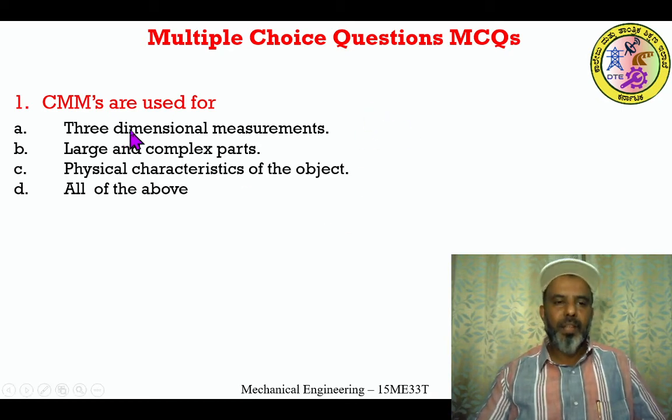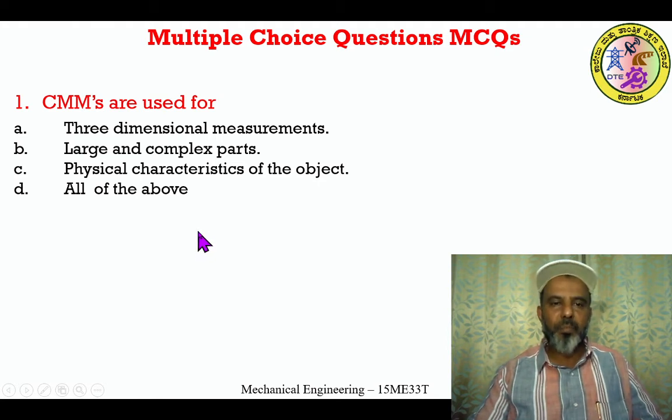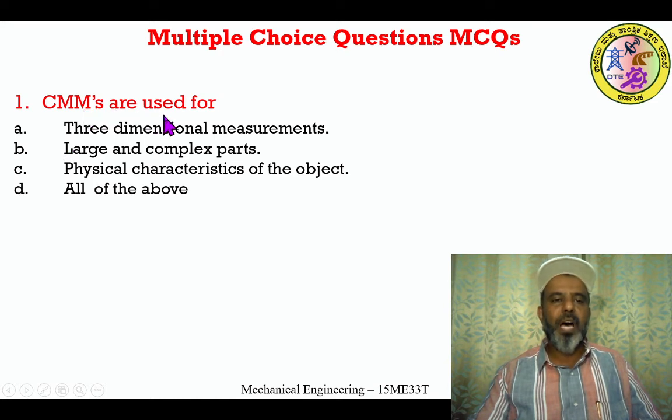I have given 4 answers, A, B, C, D. The first question is, the CMMs are used for: A, 3-dimensional measurement; B, large and complex parts; C, physical characteristics of object; and D, all of the above.